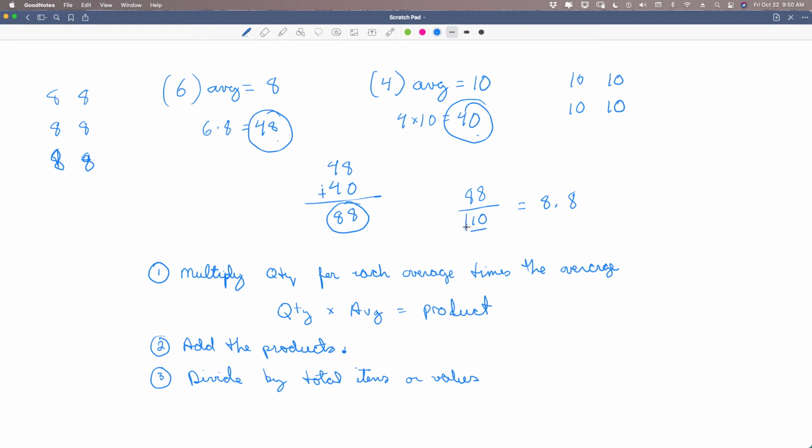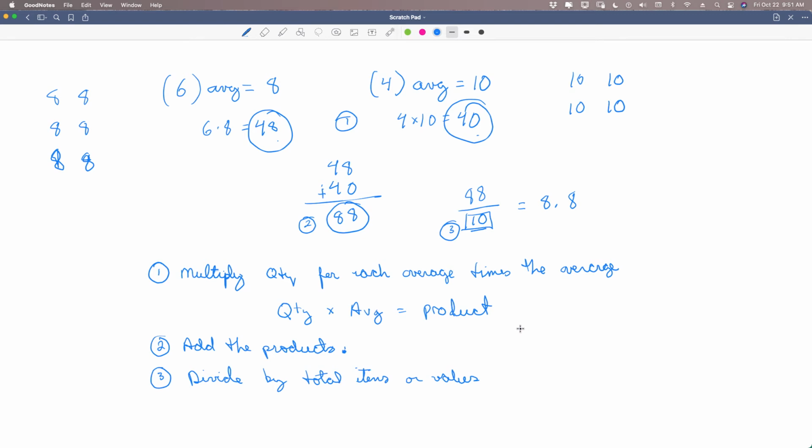All right, that total of 10, that was step number 3. This was step number 2. This was step number 1. So we multiply, then we add the products together, then we divide by the total items. 6 plus 4 is 10.